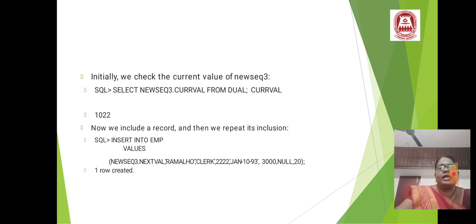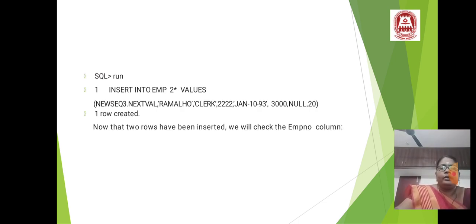Instead of giving a static number, I am making use of the sequence number which I created myself. So again I am running that command, new sequence 3 dot next value, using the same command to continue the sequence number. So now 2 rows are inserted in the employee table as employee numbers with the help of the sequence.